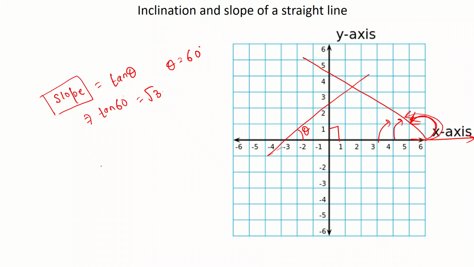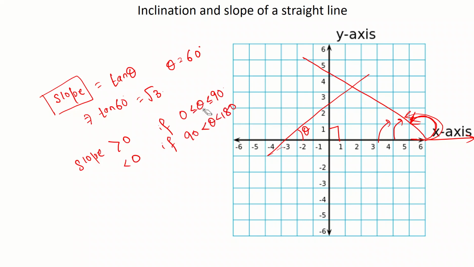And in that case, my slope will be something negative because in the second quadrant for values like 120 degree or 135 degree, tan takes negative values. So the slope will be positive if theta lies between 0 and 90 degrees, and slope will be negative if theta lies between 90 and 180 degrees.